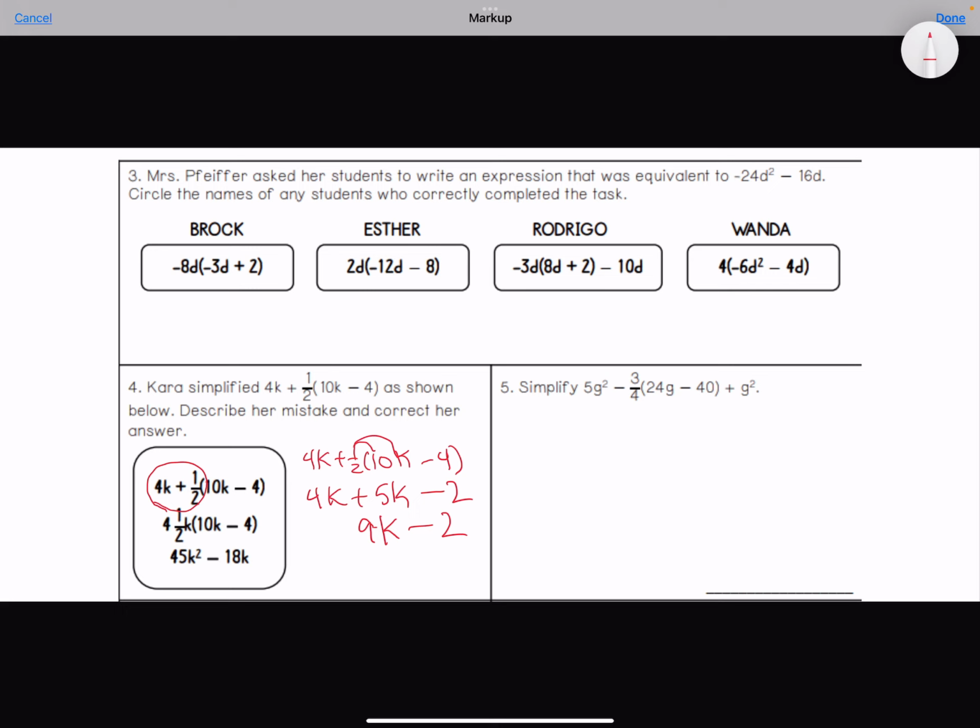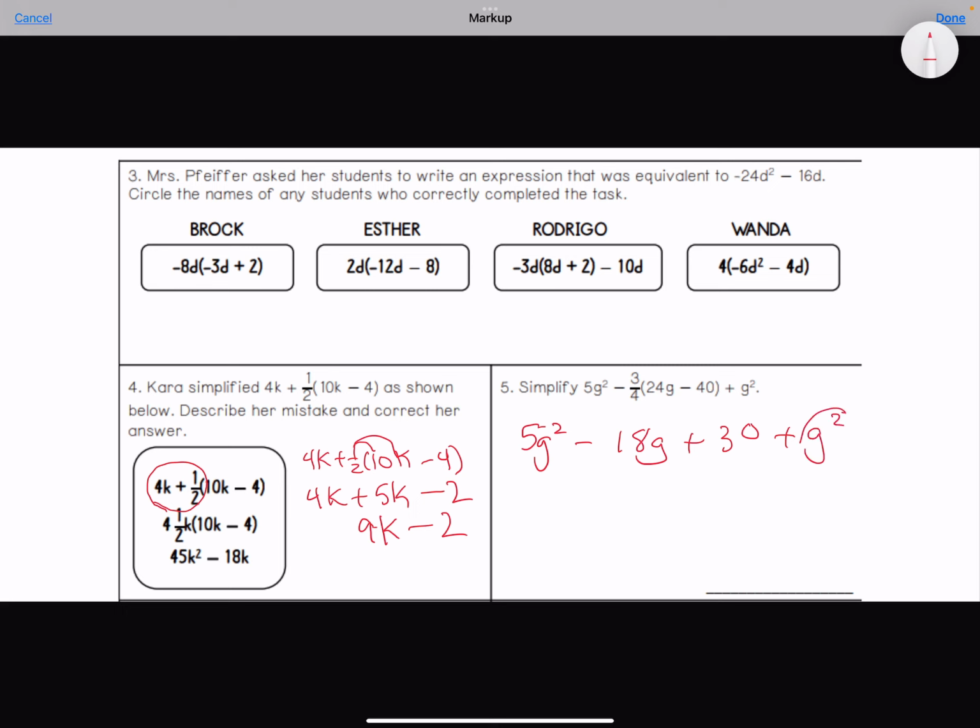For number 5, just like on number 4, we have to distribute first. 3/4 of 24 is 18. 3/4 of negative 40, I'm sorry, is negative 30. And then I have 5g squared.